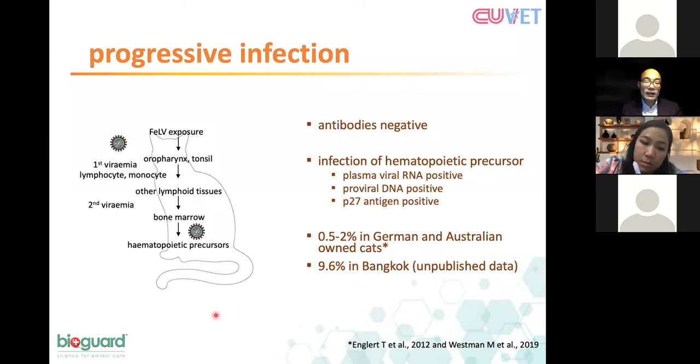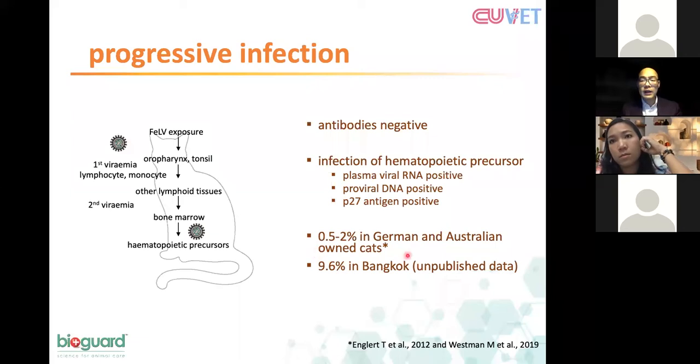But when you look at the laboratory readout of all the viral components, you can detect viral RNA in the plasma, proviral DNA in the blood cells, and p27 antigen in the blood as well. So the replication is ongoing. That's why we term this a progressively infected cat.